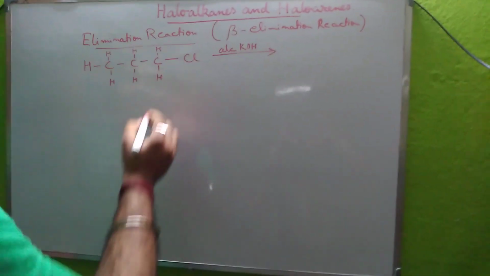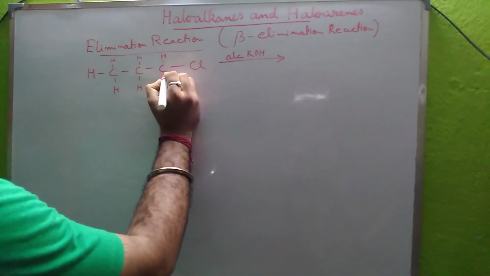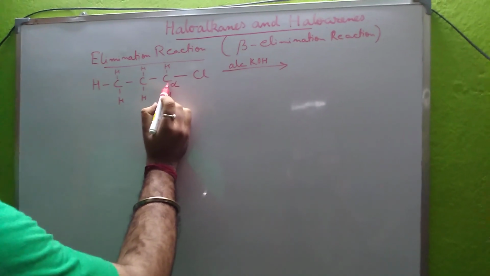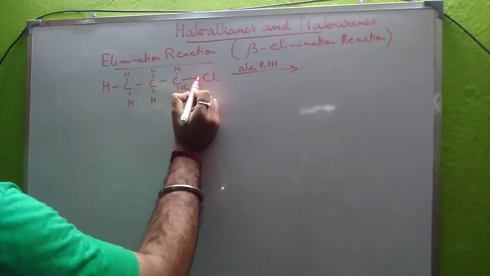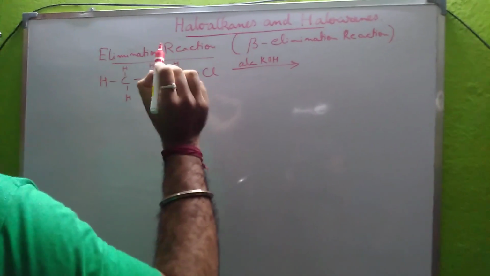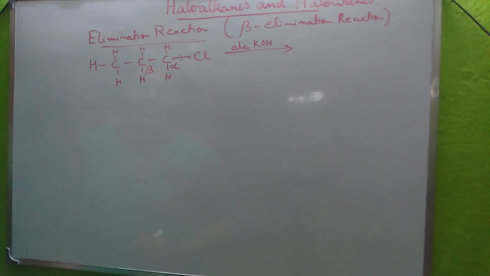Look over here very carefully: the chlorine is attached to this carbon, so we call this carbon the alpha carbon. The bonded electrons present over here are shifted more towards chlorine. Next to the alpha carbon is the beta carbon.